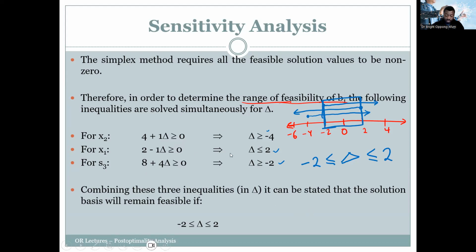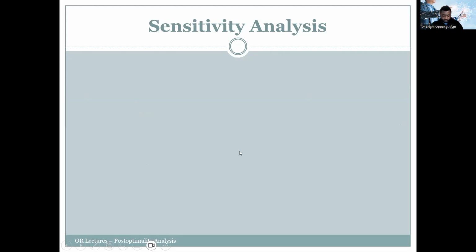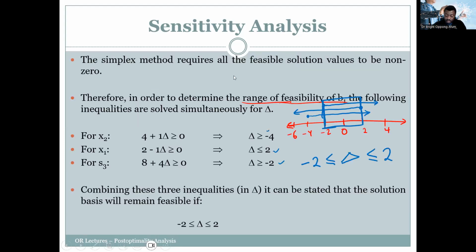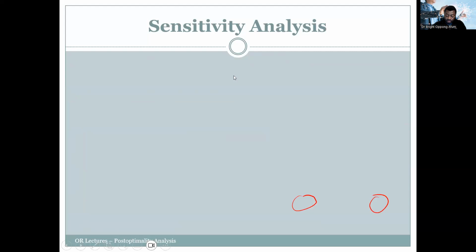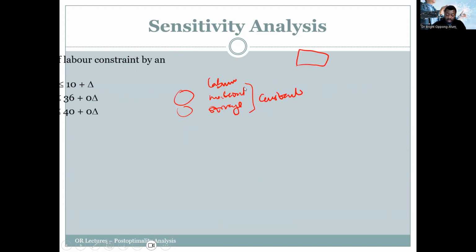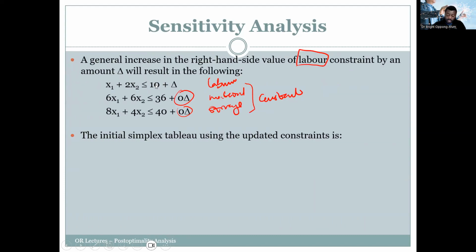Very simple. So to find the range of BI values, remember the labor constraint was less than or equal to 10 for labor. If you are to look for a change, then it's 10 plus the delta.